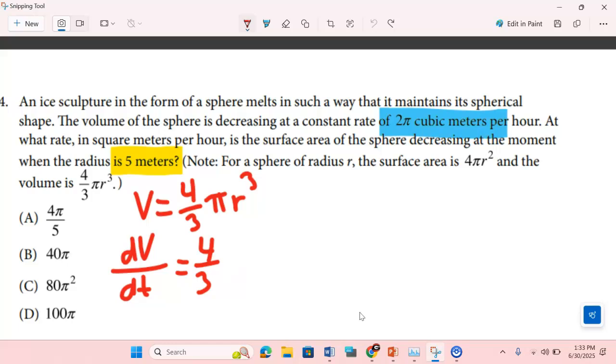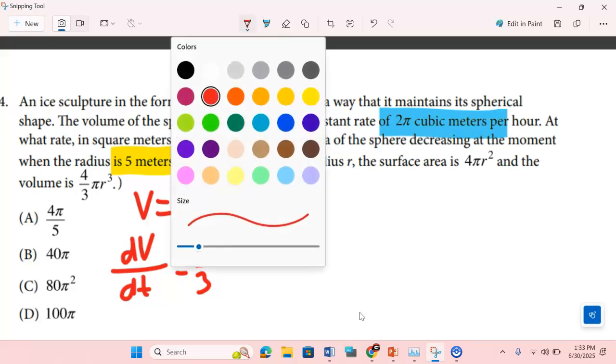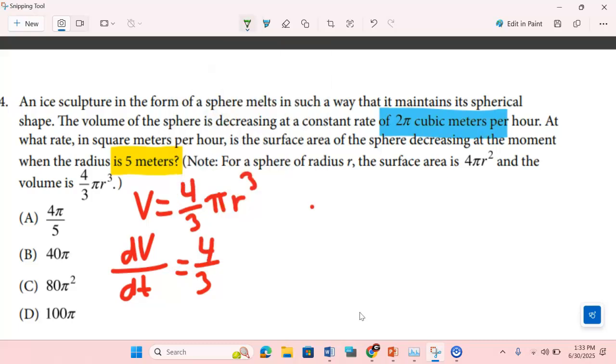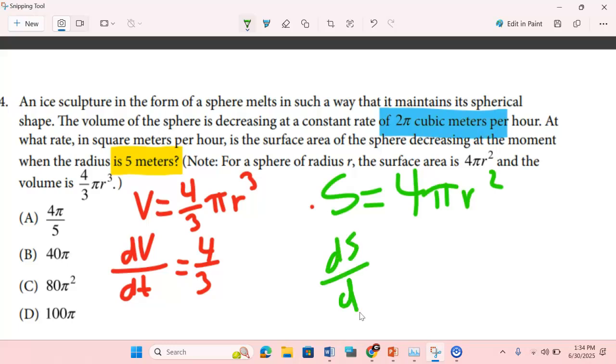Now the surface area formula is S equals 4 pi r squared. You take that with respect to time, dS/dt, that's what we're looking for. That's going to be 8 pi r dr/dt.